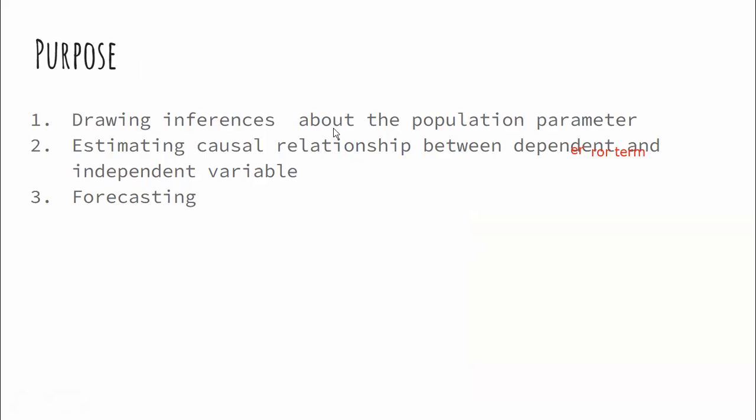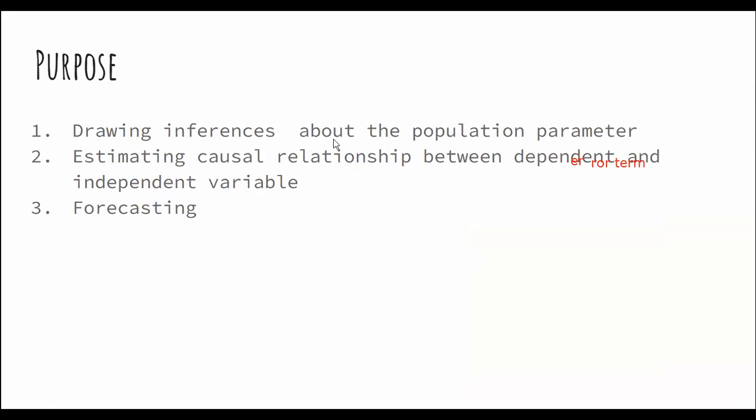Here it is the role of the researcher to identify which is the dependent variable and which is the independent variable, right? The researcher has to specify it, and once it is specified, we can estimate the causal relationship between dependent and independent variable. And third is forecasting.